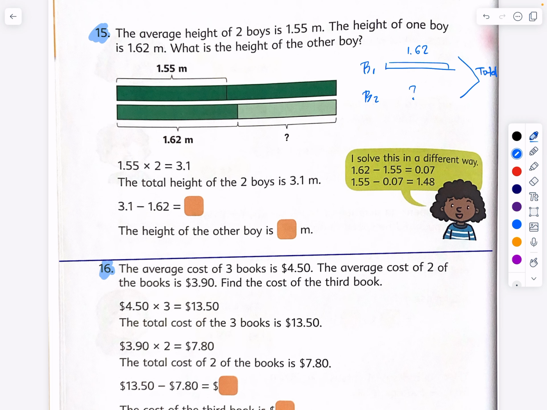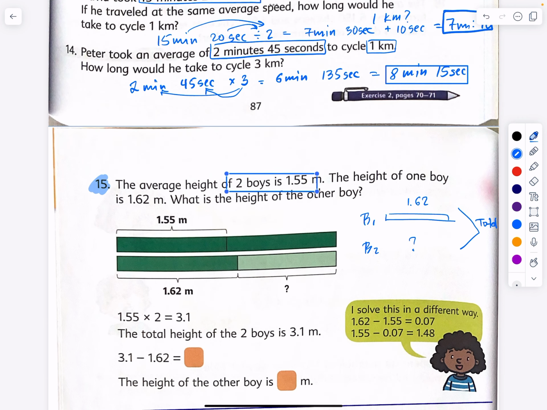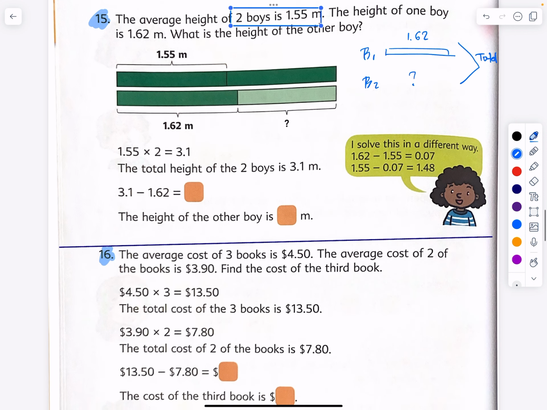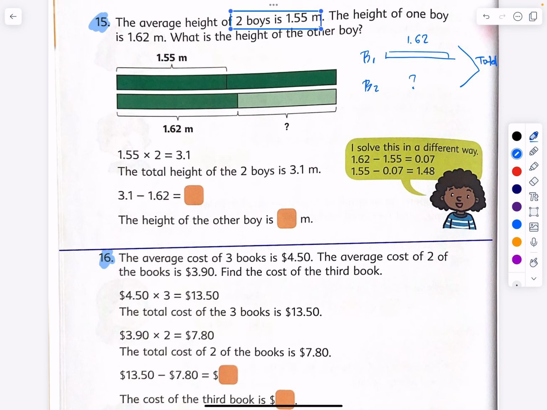We know that the average height of two boys is 1.55. We know that two boys, on average, each of them is 1.55. In order to find the total, we would use the opposite operation.